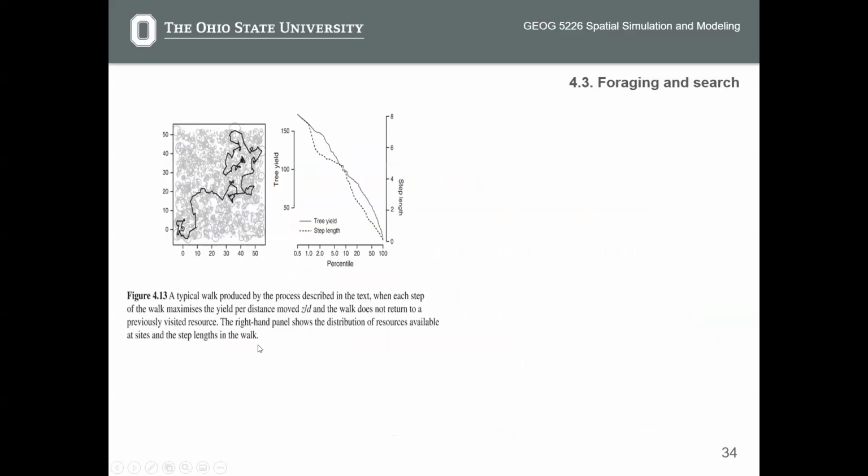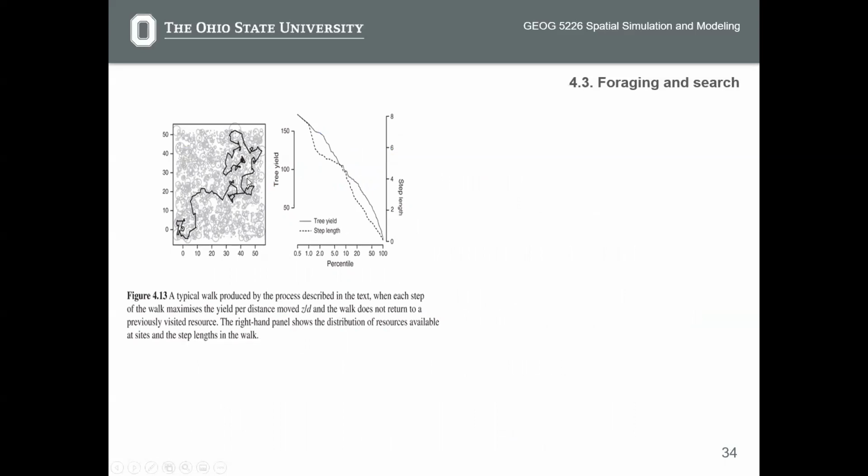Okay, so here is the result for the simulation. On the left side, we have the spatial pattern of trees and the monkey. We have a lot of small gray circles here, each one with a specific size, and that size is proportional to the amount of bananas or resources on each tree, and each circle is a tree. We also have this black trajectory.